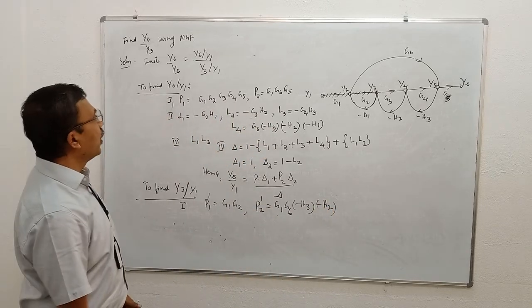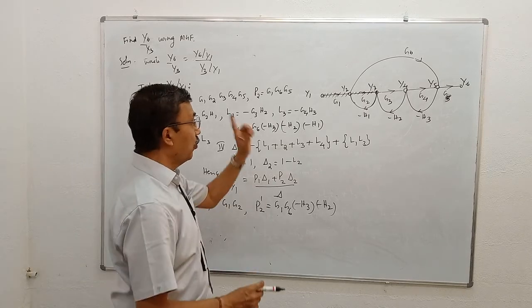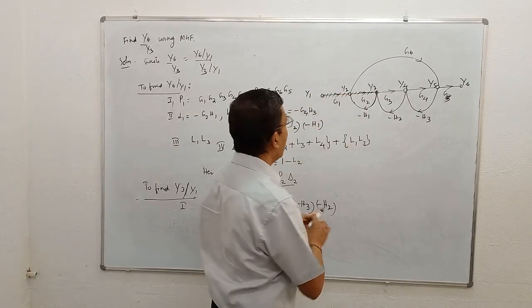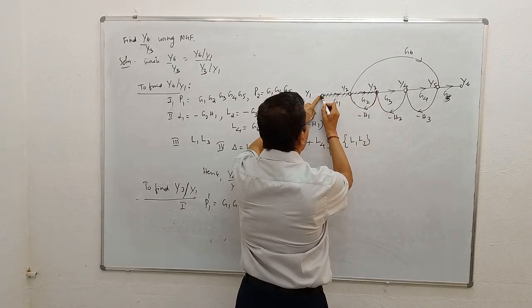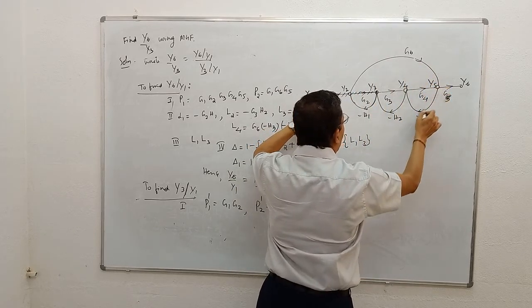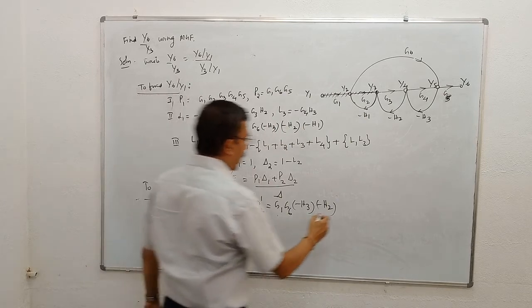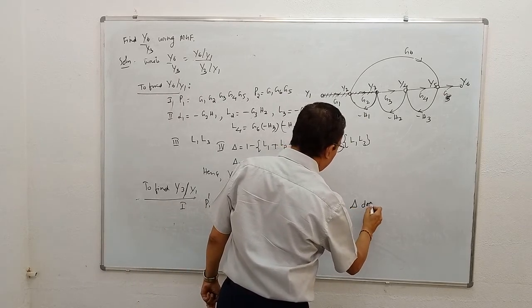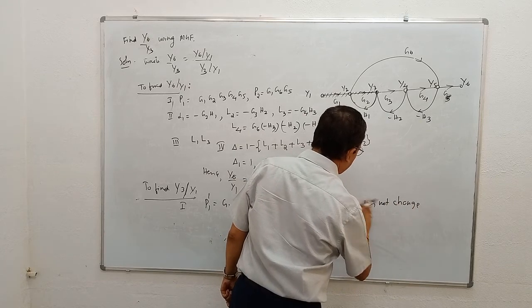So if you want to find Y3 by Y1, it is not only one forward path. Please watch. From the input node, you can go to node Y3 in this manner also, along the direction of the arrows. G1, G6 minus H3 minus H2. Delta does not change.